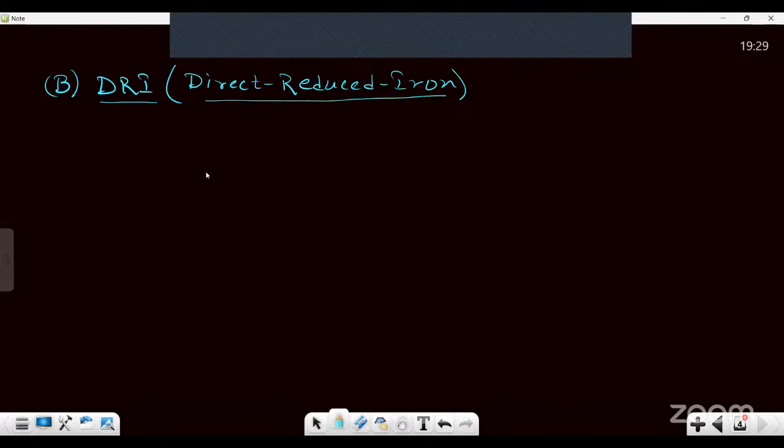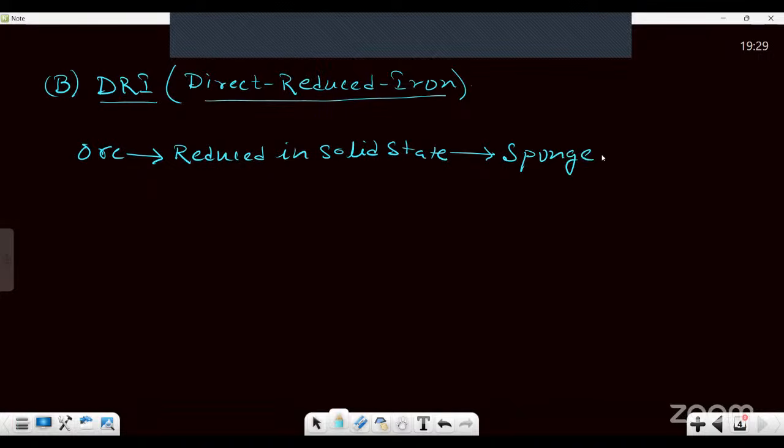So in the DRI route, what do we do? Basically we take the iron ore, and it is reduced in solid state. It is just reduced in solid state. And what happens after that? This gives us sponge iron. So this is basically DRI.